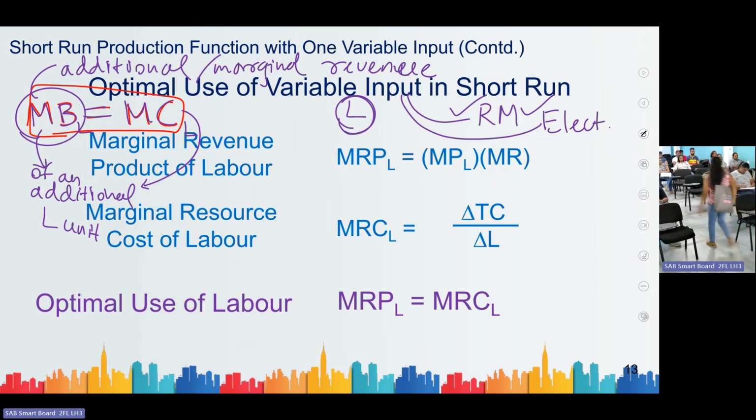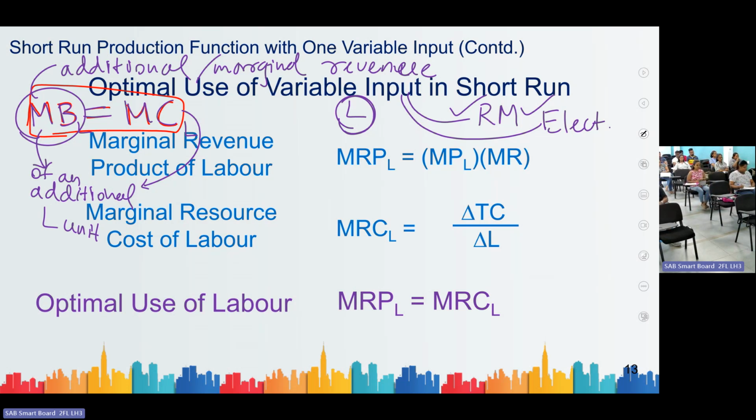Firms utilize labor in order to produce. Firms produce output in order to sell them and earn revenue. So the benefit of labor is what? The revenue. Benefit of employing labor is revenue.